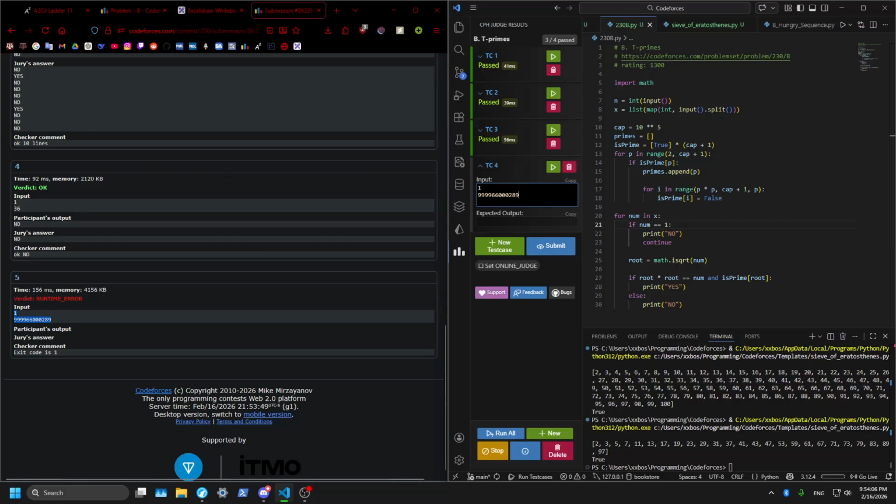How can we speed this up? Well, is it the same idea as those, the whatchamacallit, the divisor problems that I did for that one contest?